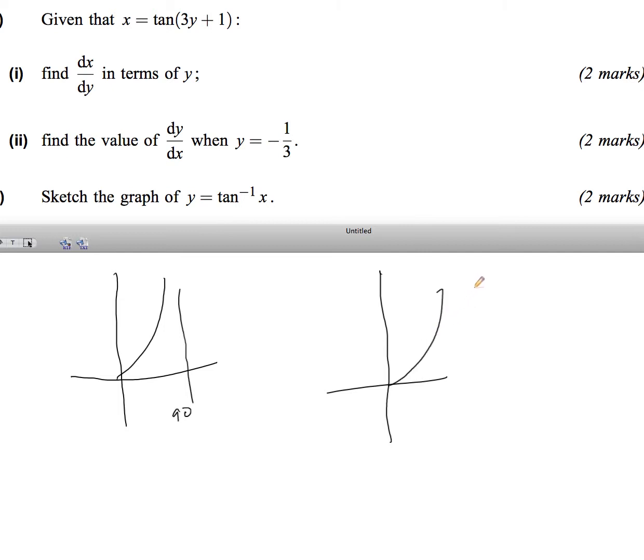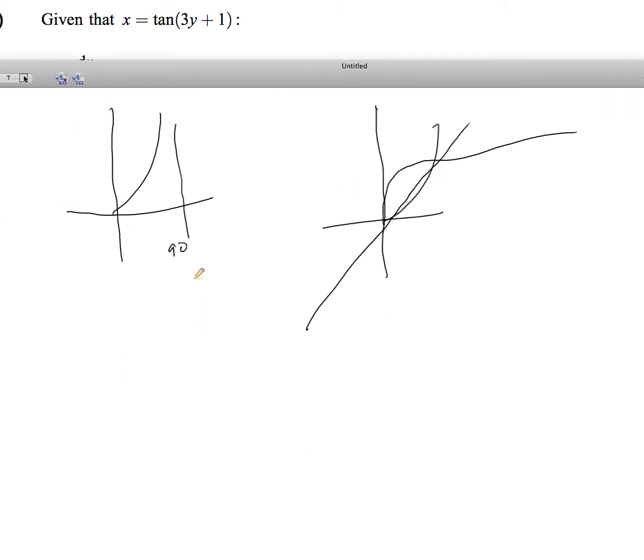Now if I draw the line y equals x, which is something like that, the inverse function goes that way, something like that, and it will go towards 1.57. So basically the best answer is this, coming up like this and going like that, where this line here is roughly 1.57.